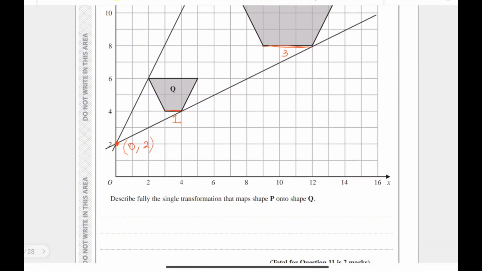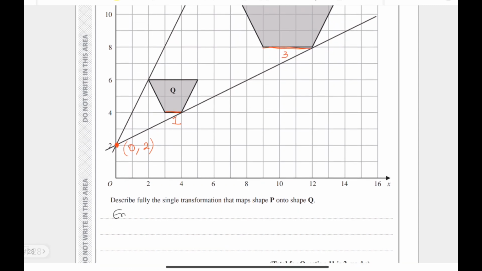So we are going to say this is an enlargement, or let's say since it is from P to Q, that is dilation, or it's still the same, enlargement or dilation. Enlargement from the point, so the point of enlargement is 0, 2.